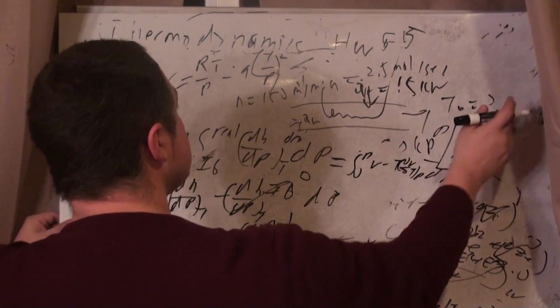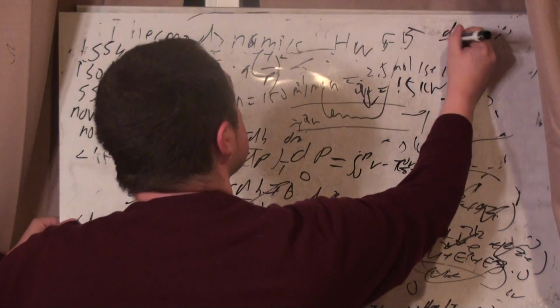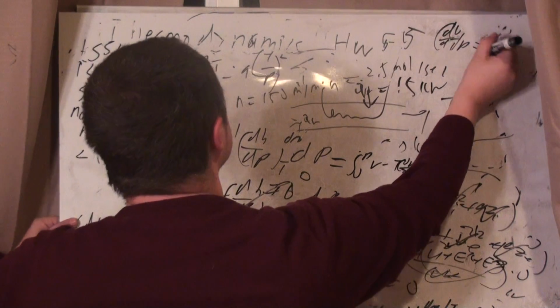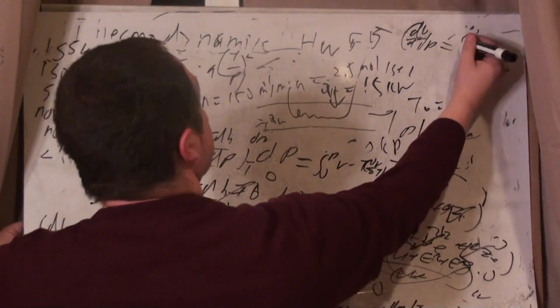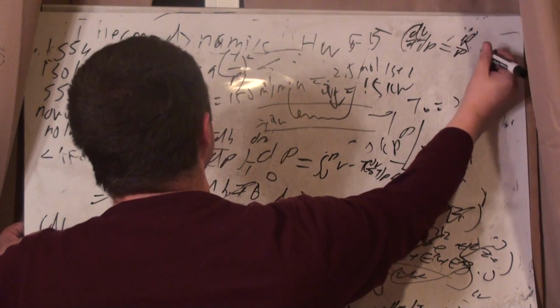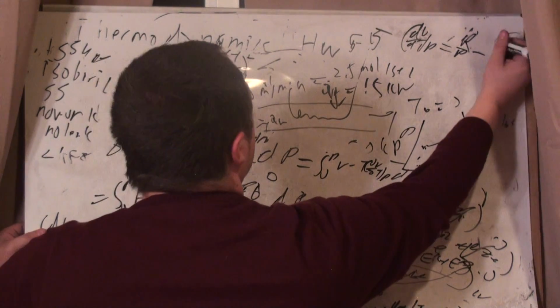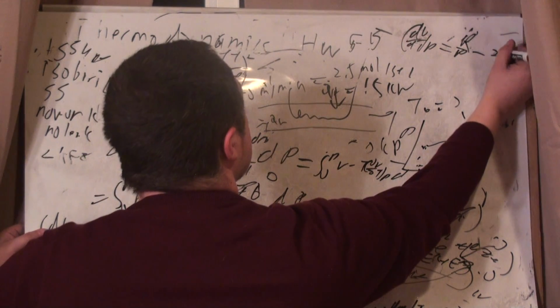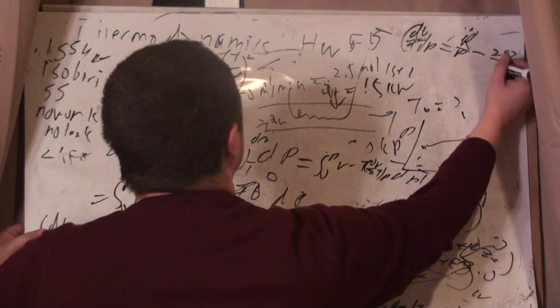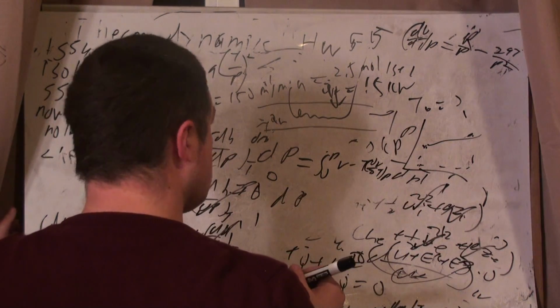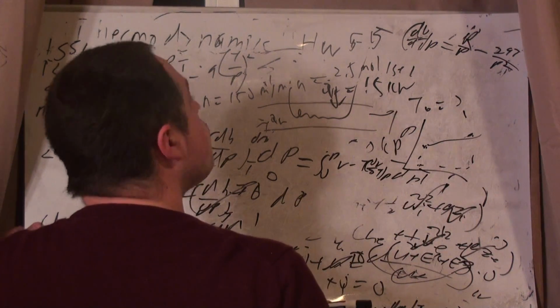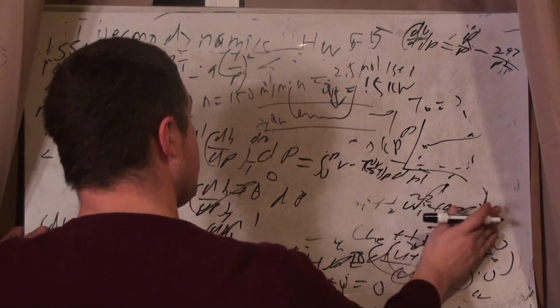Okay, so I need dV dT at constant P, so dV dT at constant P is equal to R over P minus 2AT over P squared. Okay, and then from that, I'm going to plug that back into here.